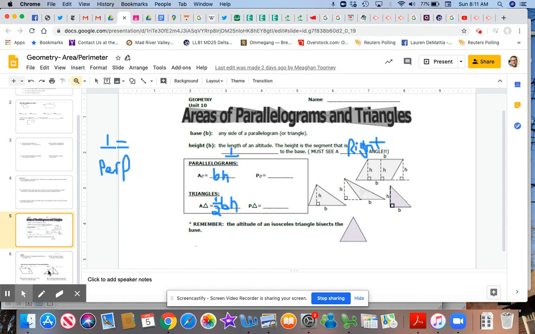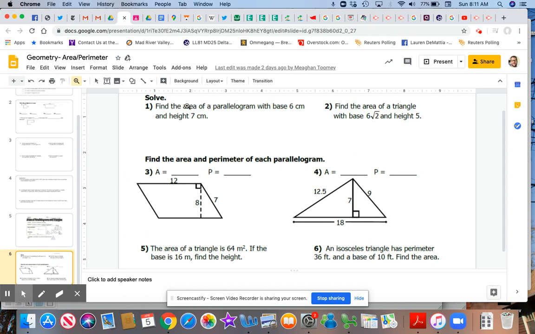We're going to skip the perpendicular for now, and we're just going to focus on the area. Find the area of a parallelogram with a base of 6 and a height of 7. The area of a parallelogram equals base times height.